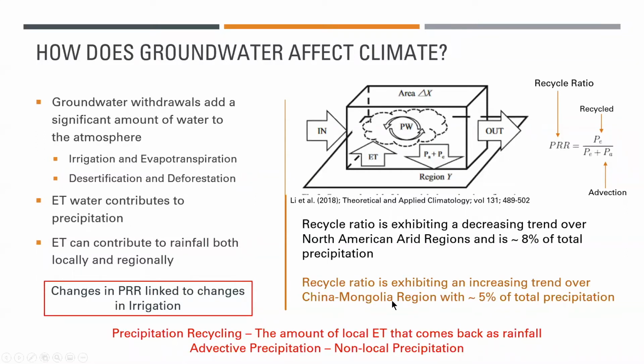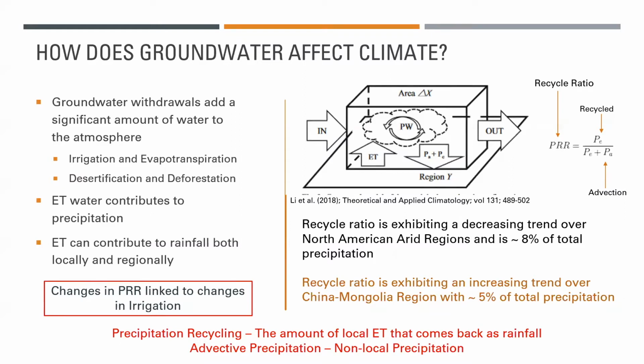On the other hand, we are seeing places like China and Mongolia region, another arid region, where we are seeing increases in the total amount of recycled water in their precipitation. And that's because China has embarked on very large irrigation projects, like groundwater-based irrigation projects, and they're starting to pick up that some of that water actually is coming back as precipitation recycling.